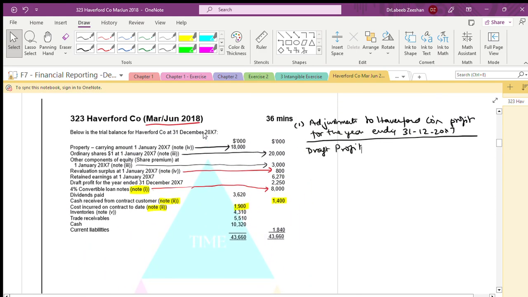Draft profit is 2,250, and this is also in thousands.